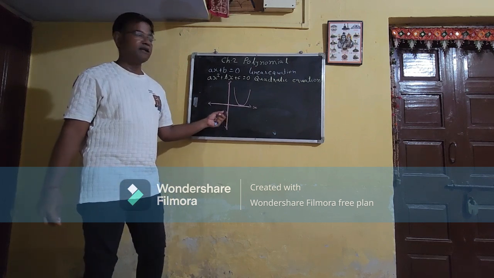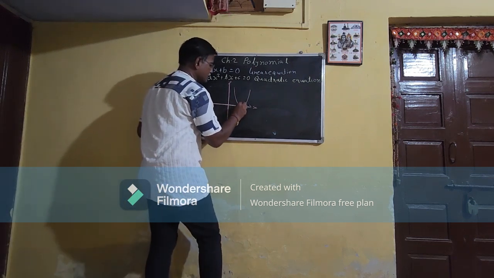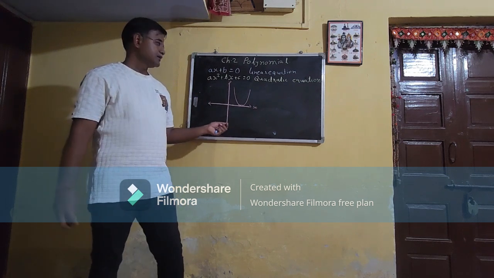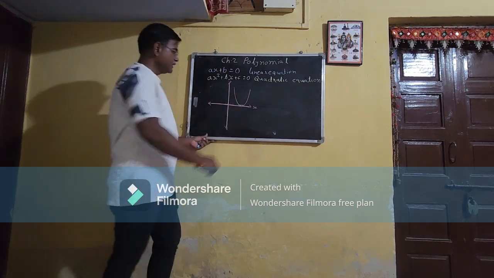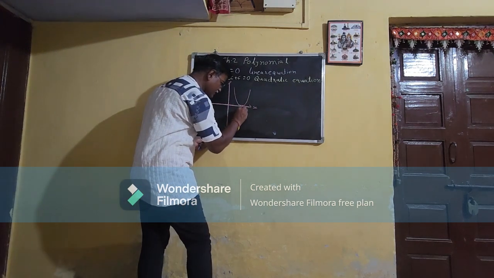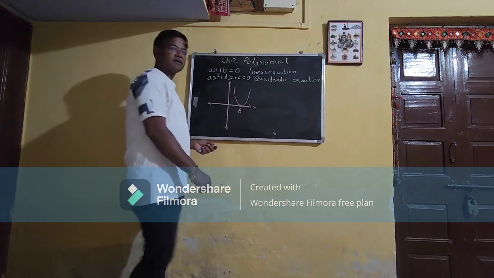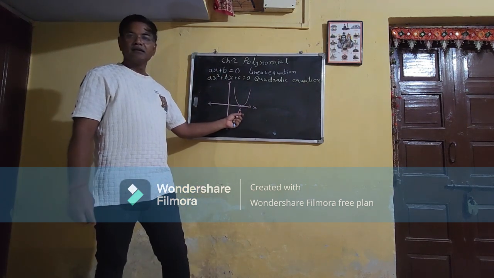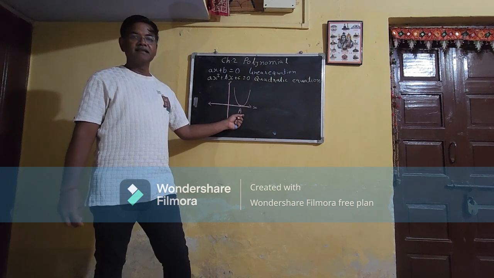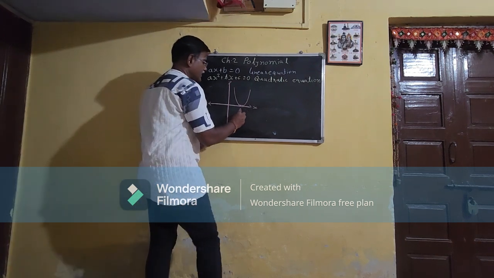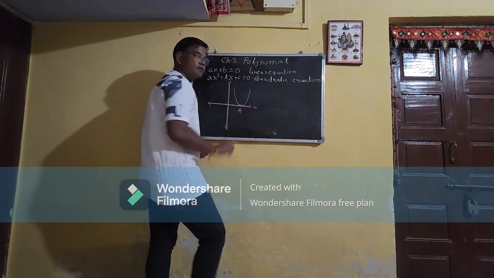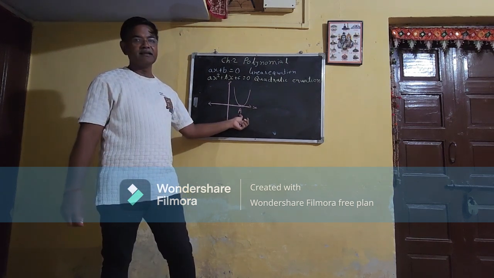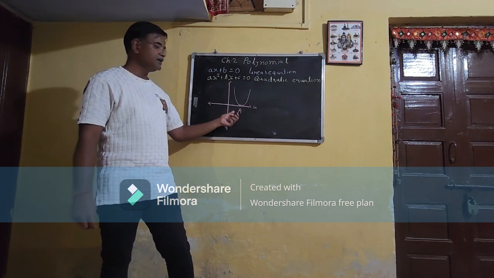Sometimes we find the parabola touches the x-axis. Here we have only one solution. We think there is only one solution alpha, but no, alpha and alpha dash both coincide.